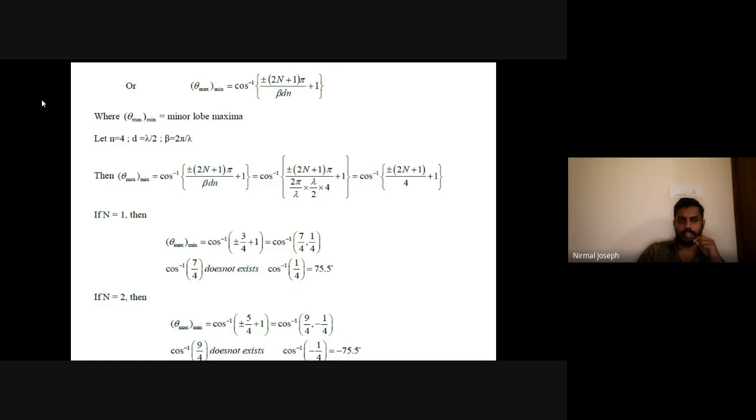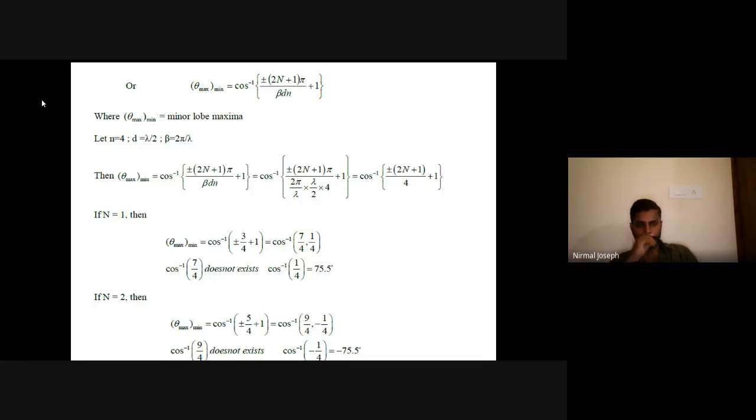The general expression for theta maxima of the minor lobe we get as cos inverse of plus or minus 2n plus 1 into pi divided by beta d into n plus 1. The only difference is that here we put alpha equal to minus beta d. Now we give values: number of elements n equal to 4, separation between them lambda by 2, and beta is 2 pi divided by lambda.